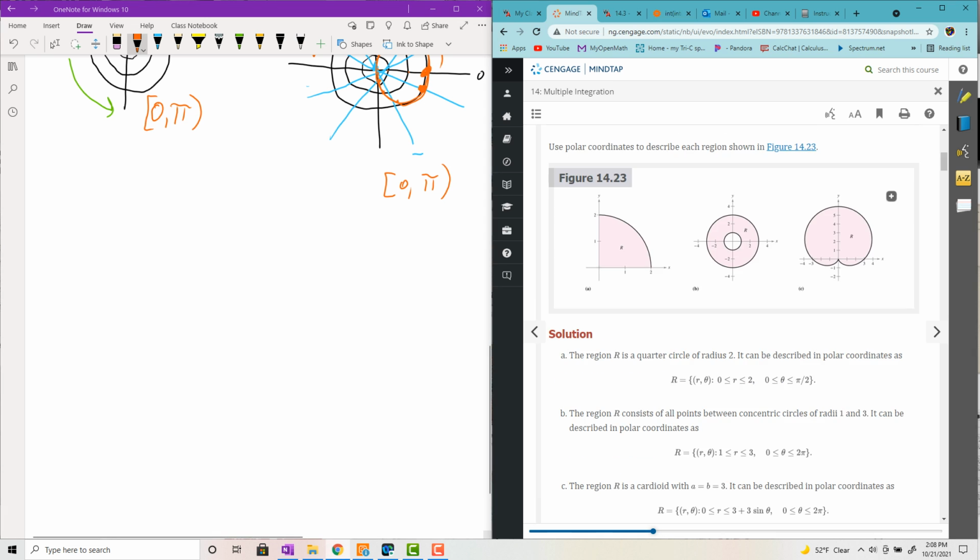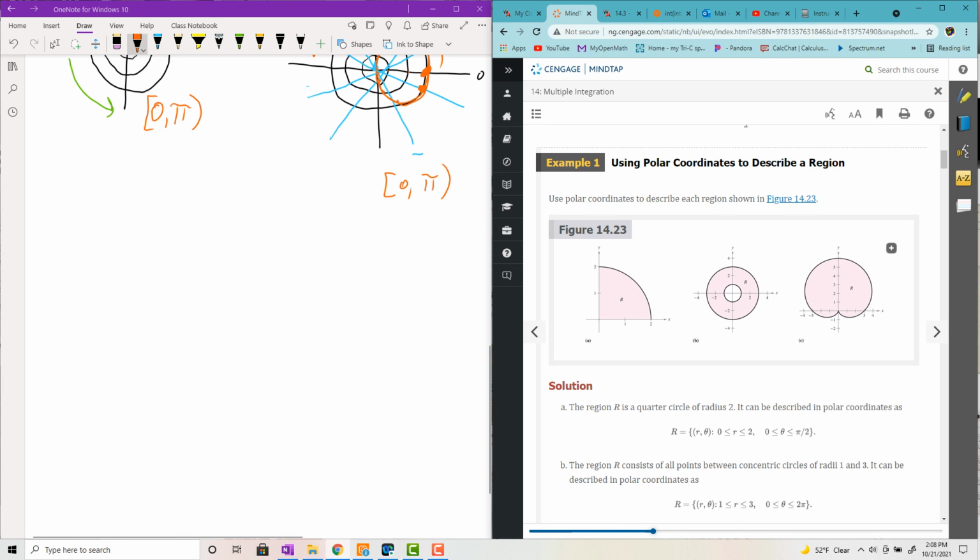I can kind of quickly remind you, I wouldn't expect you to be able to look at this and know the formula for it like they're asking you to do in example 1. But it is a cardioid, which is from the family of snails, the limaçons, French for snail. And in this particular case, I wouldn't expect you to know the formula just from looking at the picture, right?